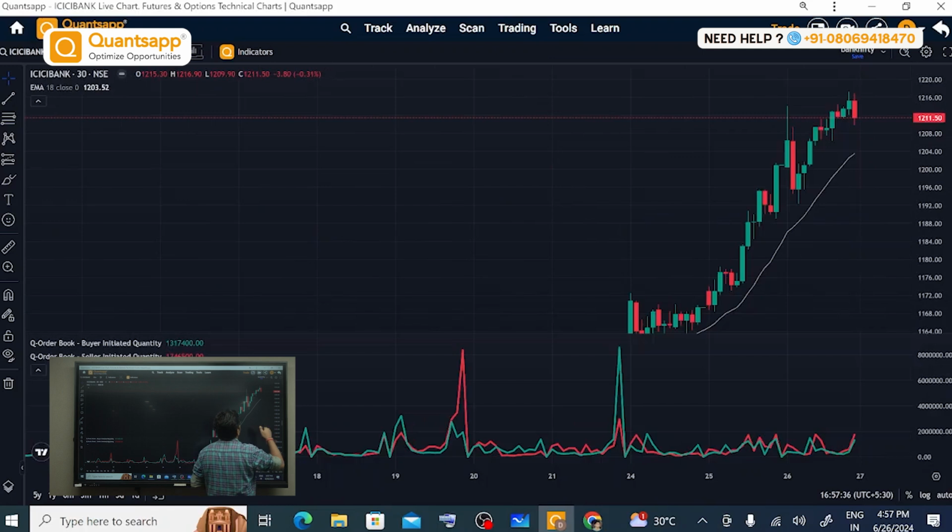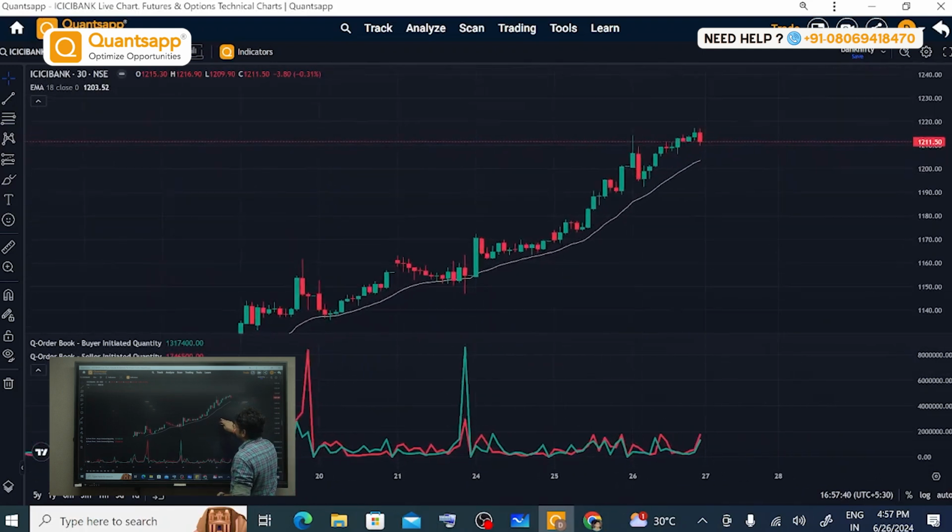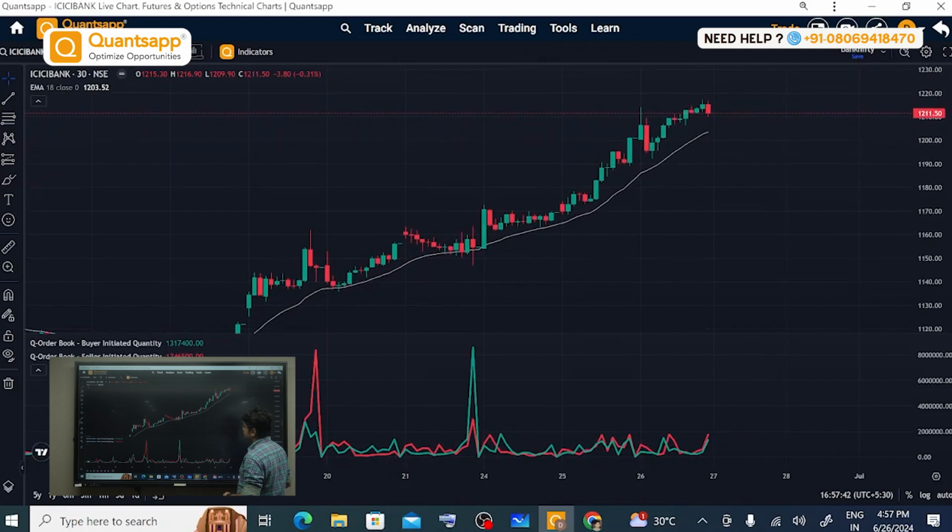Just take a look, right from the 25th, how it has given the movement like this. So here, what kind of strategy will I employ? It is very simple. If I am looking for a consolidation breakout, it has given me a consolidation breakout.